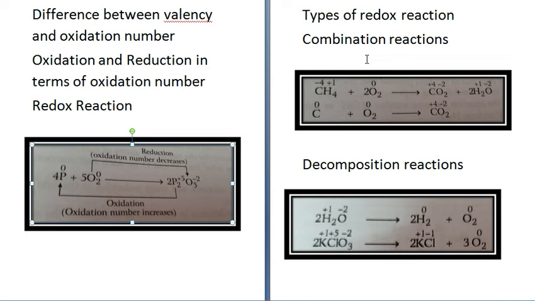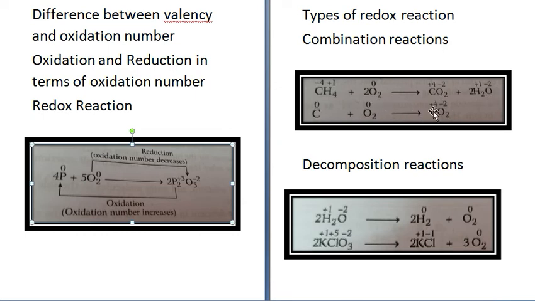Phosphorus, because it has undergone oxidation, is the reducing agent. See, it's opposite. If it is undergoing oxidation, it will act as a reducing agent, and if it is undergoing reduction, it will act as an oxidizing agent. So oxygen is the oxidizing agent in this reaction and phosphorus is the reducing agent in this reaction.